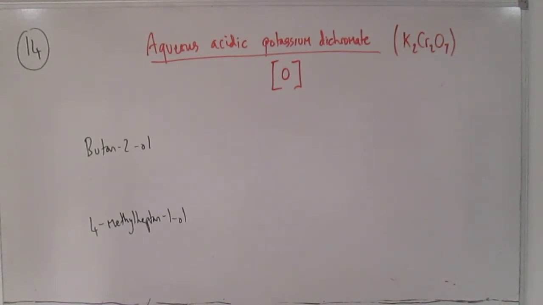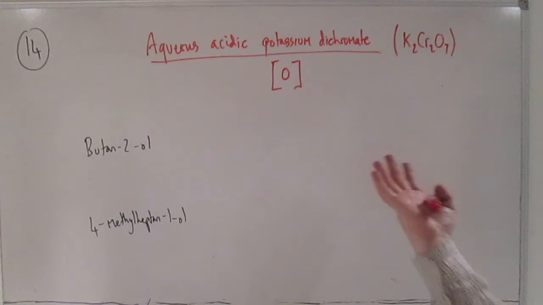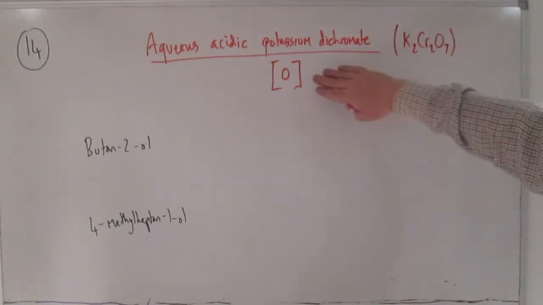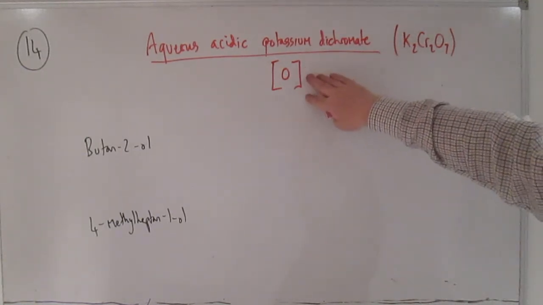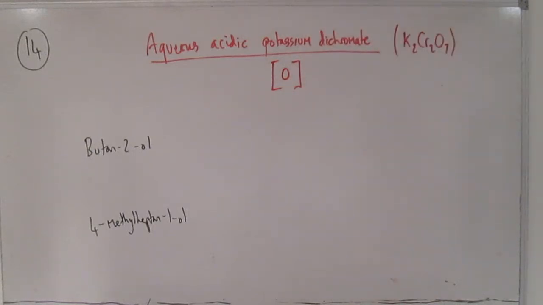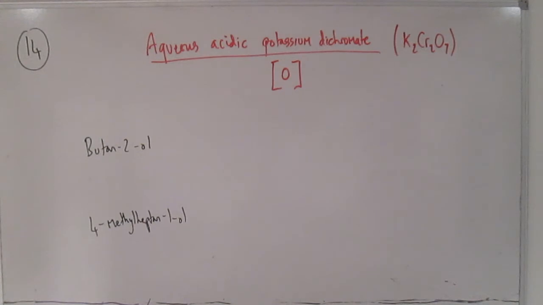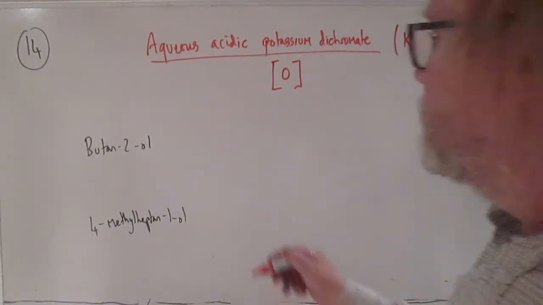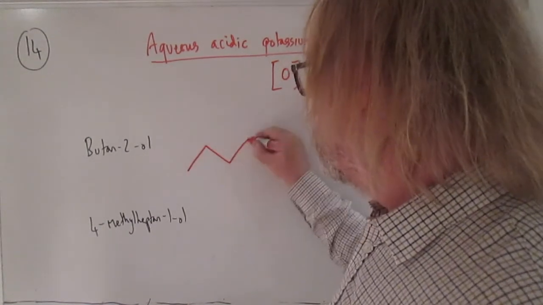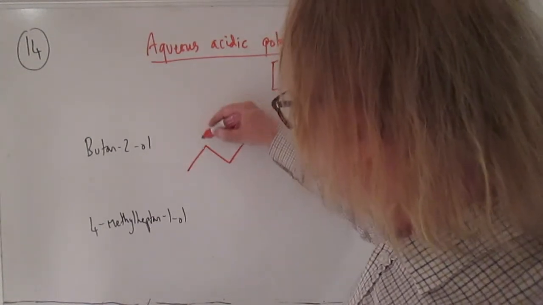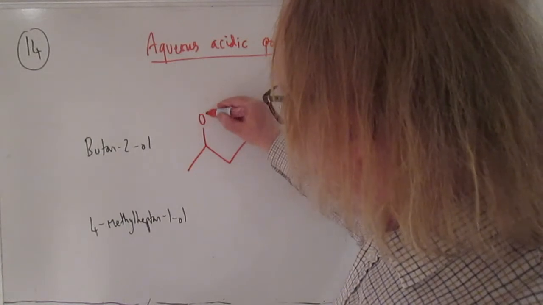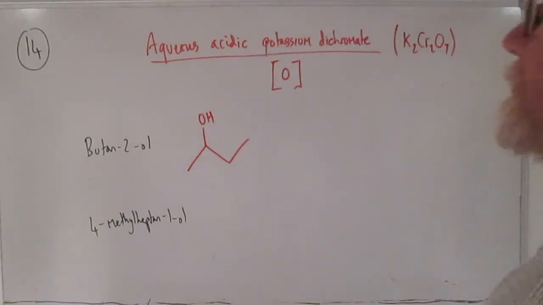And that makes life enormously easier because then it makes balancing the equation very easy, and everybody understands that that's just shorthand for whatever oxidizing agent you happen to be using, but the only one that we're going to learn is this one. Okay, so let's see how that works. So butan-2-ol is this. There's the butan, chain of 4, and there's the OH group on carbon 2.